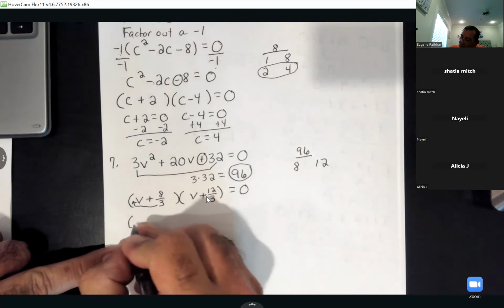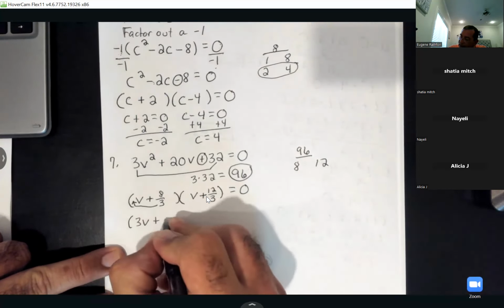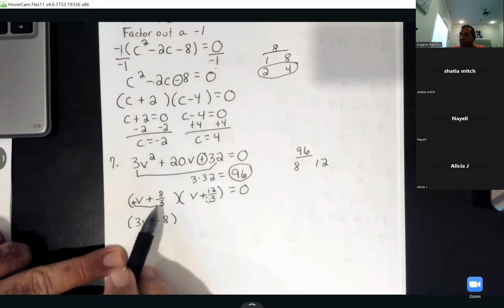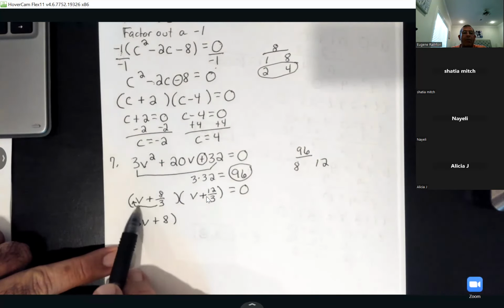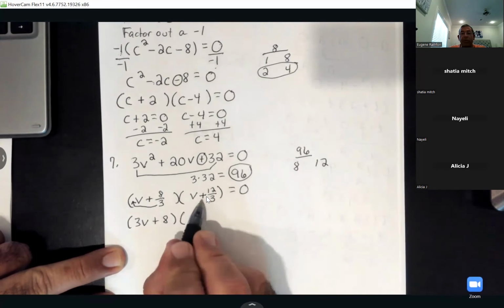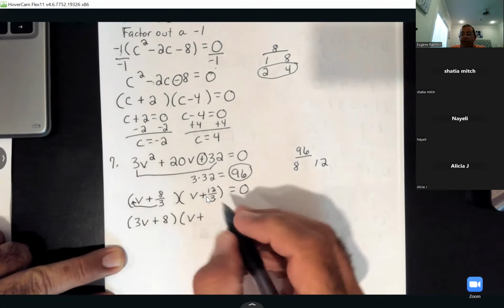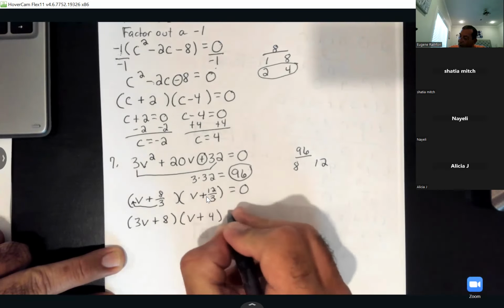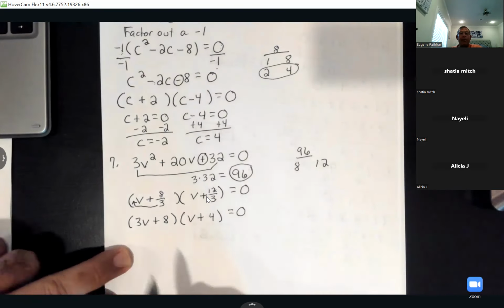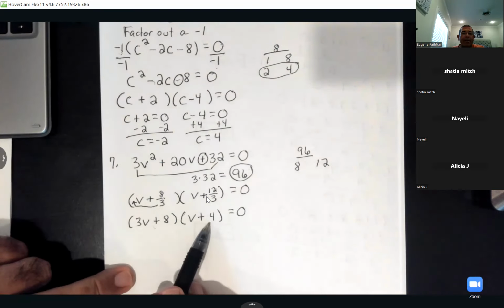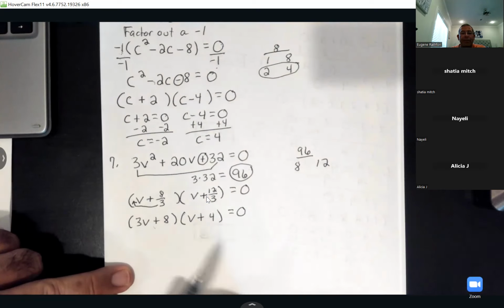So I'm going to move the 3v plus 8. So remember, if you cannot simplify it, you move the number on bottom in front of the variable. Well, this one I can simplify. 12 divided by 3 will give me a 4. So we're now factored.